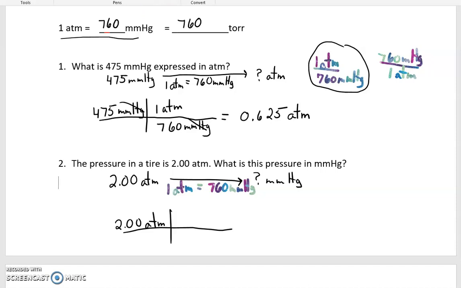So let's put our 1 atmosphere in the bottom and our 760 millimeters of mercury in the top. So we'll say 2 times 760 and divide by 1. We'll get 1,520. And the only units that are going to be left are going to be millimeters of mercury.